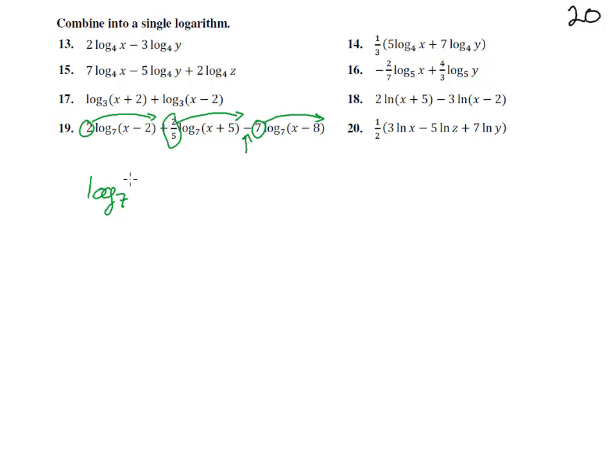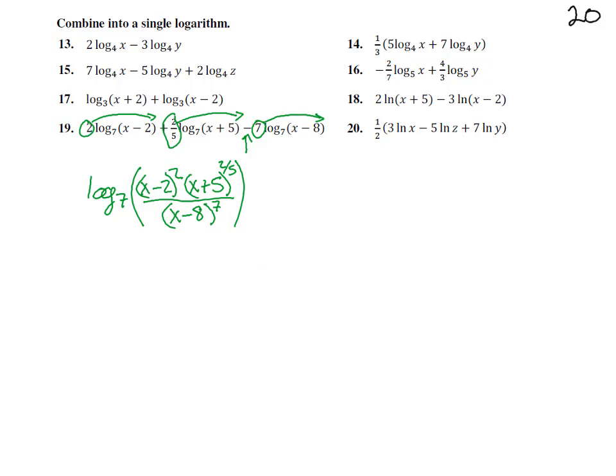Log base 7 of x minus 2 all squared times, because that was a plus sign, x plus 5 to the 2/5 power divided by x minus 8 all to the 7th power. And that's the same thing as moving a -7 up there and then multiplying, so it would come down to the bottom as well.